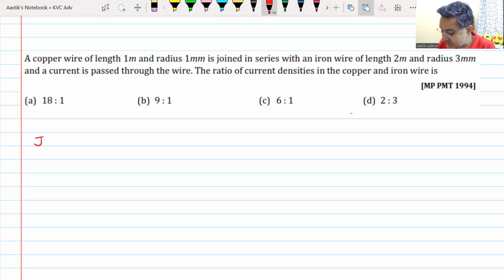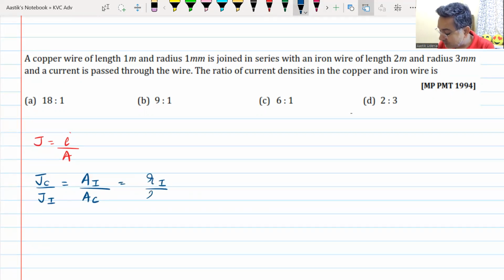You know, current density J is I by A. Here I is the same. Yes or no? So current density in the copper wire divided by current density in the iron wire will be the area of cross section of the iron wire divided by the area of cross section of the copper wire. So this is the radius of iron divided by the radius of copper, whole square.